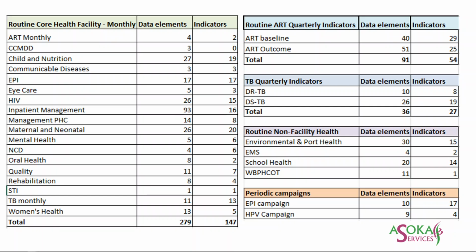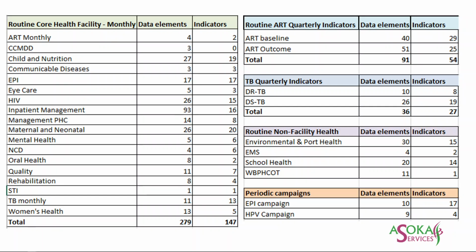You will see that the ones on the left are collected on a monthly basis, but we also have those that are collected on a quarterly basis, and some that are collected at special events like your campaigns. If you look at your right, you will have your ART quarterly indicators, your TB, your routine non-facility ones, as well as your campaign ones. Out of those, you can see how many we are collecting.